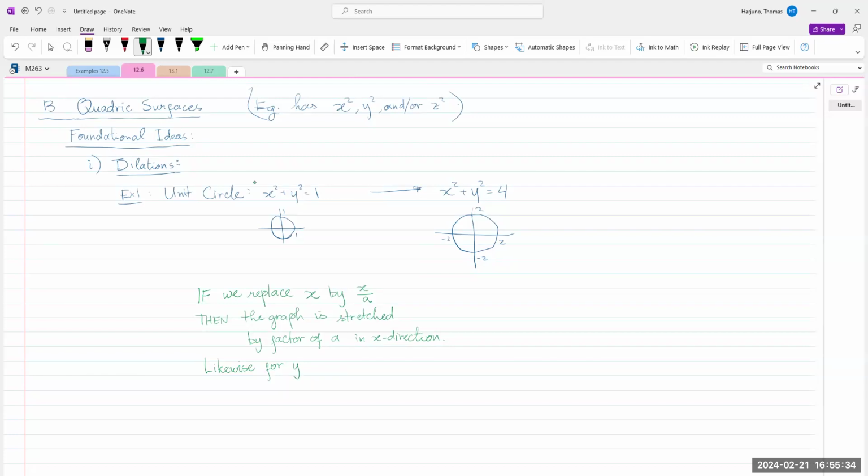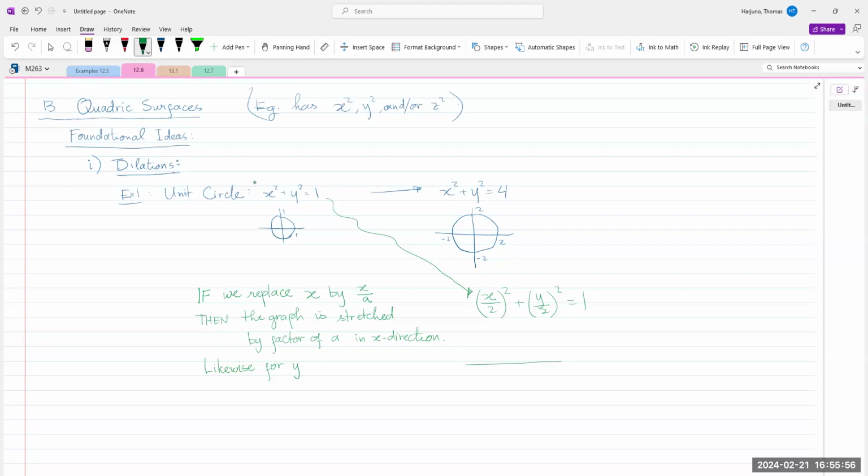Now take a look at this equation. I replace x by x over 2 and y by y over 2. What happened then?